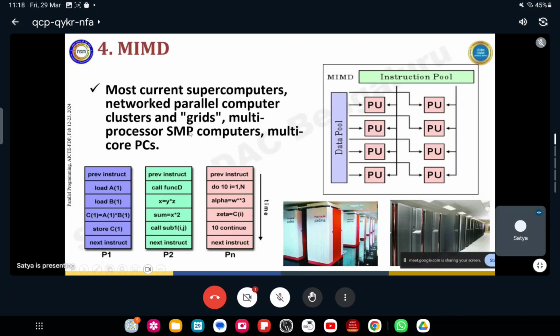That is the reason most current supercomputers, network parallel computer clusters and grids, multi-processor SMP computers, and multi-core are based on multiple instructions and multiple data. These are some of the Param computers. See how these Almara kind of structures look. That is called Param Padma, one such computer.